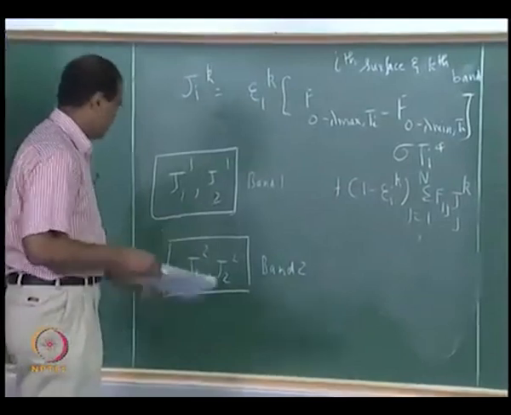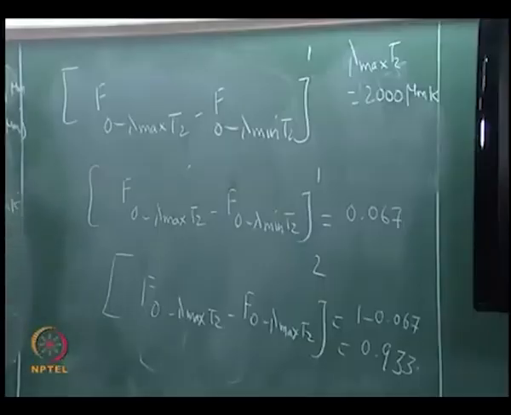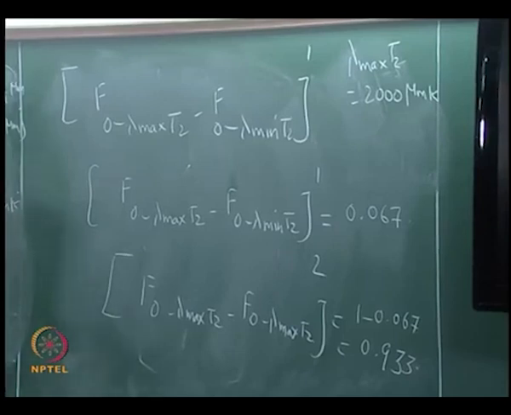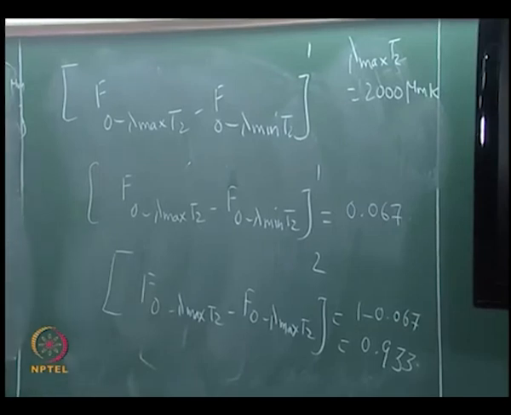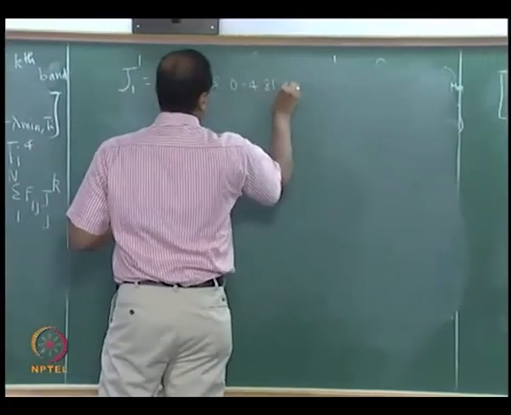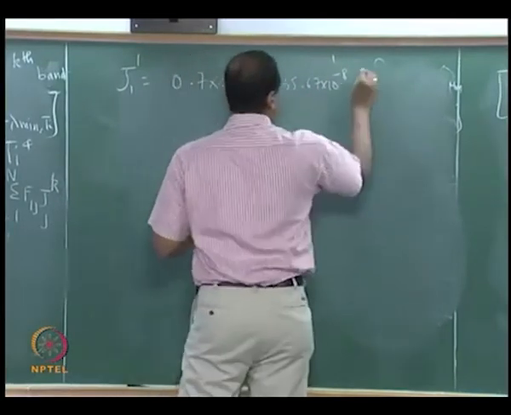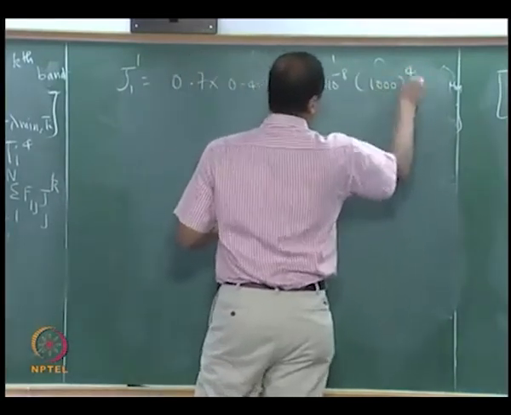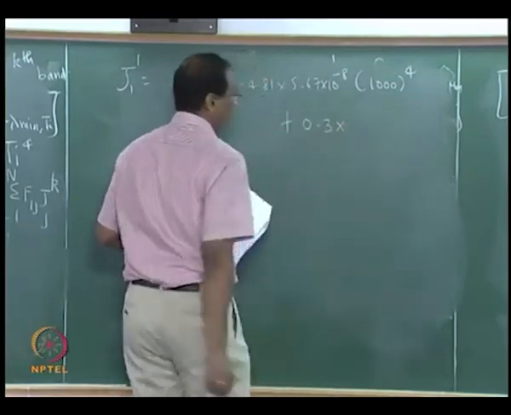Now we will write the bandwise equations. So J11 equals 0.7 into 0.48 into 5.67 into 10 to the minus 8 into 1000 to the power of 4, plus 0.3 into view factor.